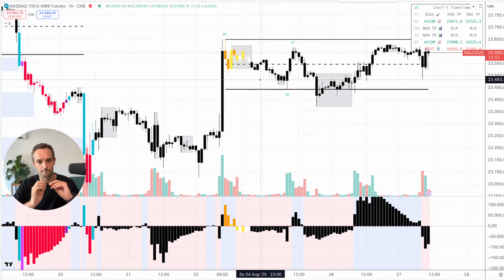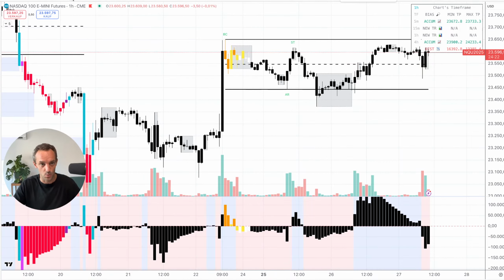Because this is the version M that we published, and we like it. It shows absorption in the lower time frame. This works best, from our experience, in the lowest time frames like 5 minute and 1 minute, where we see the absorption. But in this case, we see it also in the 1 hour chart.